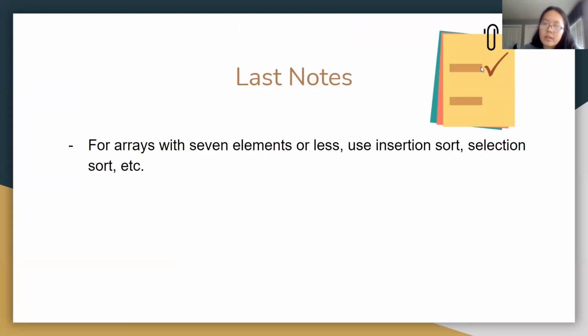But as you have more and more elements inside of arrays, it gets harder and takes more time for insertion sort and bubble sort to actually get the elements sorted. So if you want to save time with coding and you are not sorting a very big array, then use something like insertion sort or the inefficient sorts.